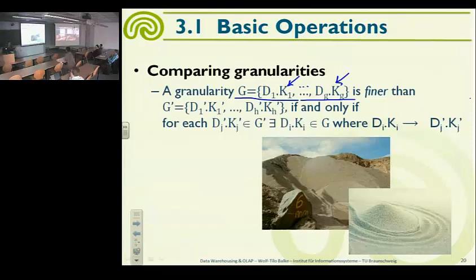If you look at one dimension at its finest granularity, and at the other dimension, and dimension 1 has a functional dependency on dimension 2, then you could deduce the finest granularity in the second dimension from the first one. This means that the second dimension has a coarser granularity.